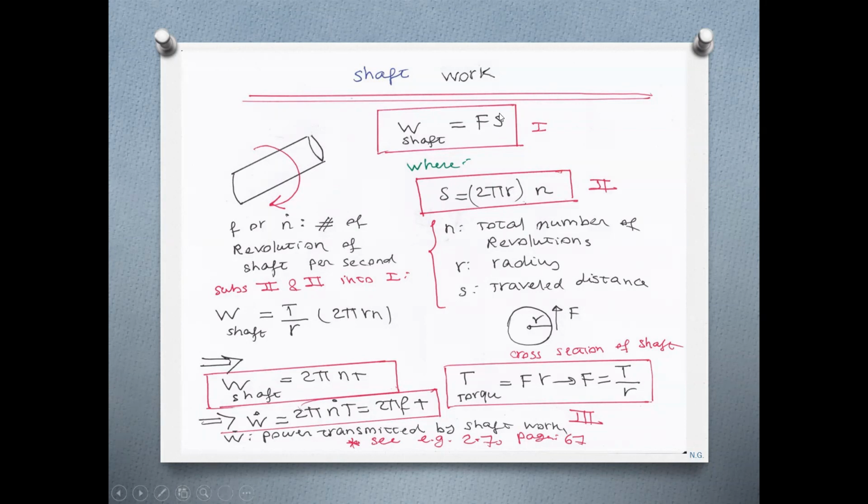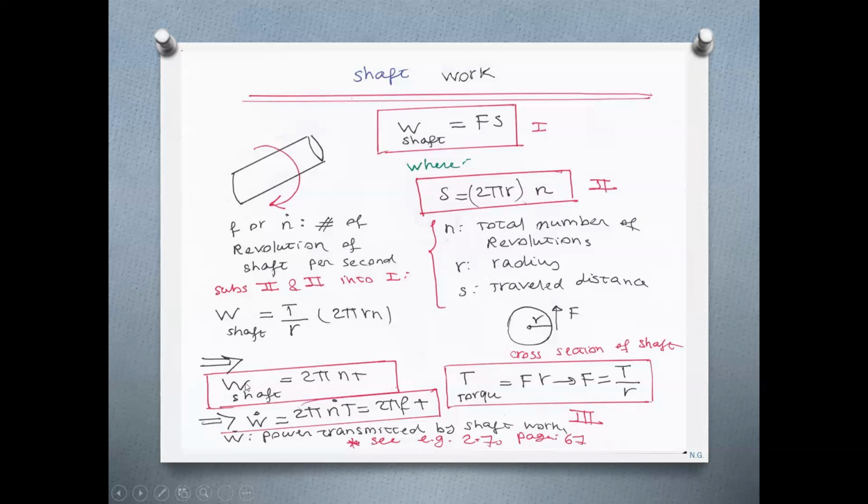We are going to substitute S using equation number 2, and F using equation number 3, and plug everything into equation number 1. So for F we have T over R, and for S we have 2 pi R N, and R cancels out. So we will have W equals 2 pi N T. To calculate the power of the shaft, we divide both sides by delta T, the time interval over which it traveled this distance.